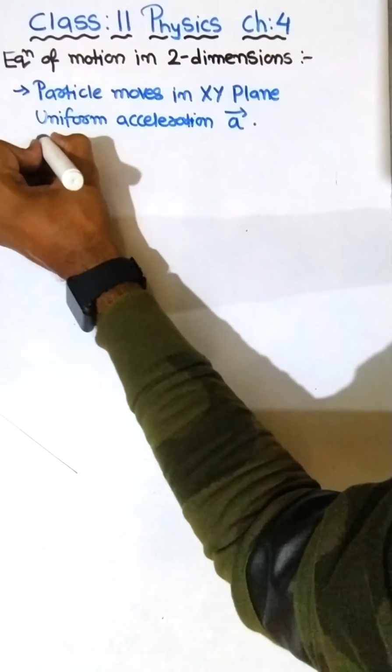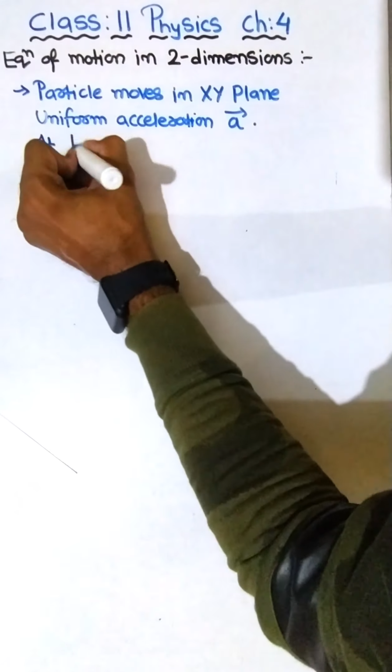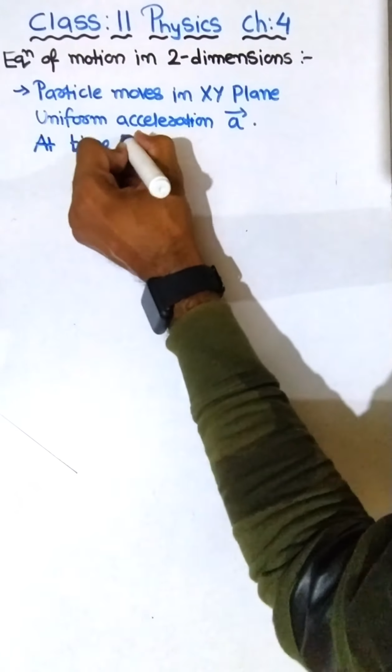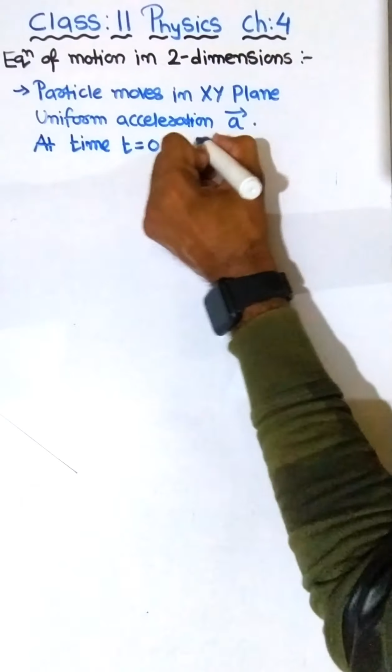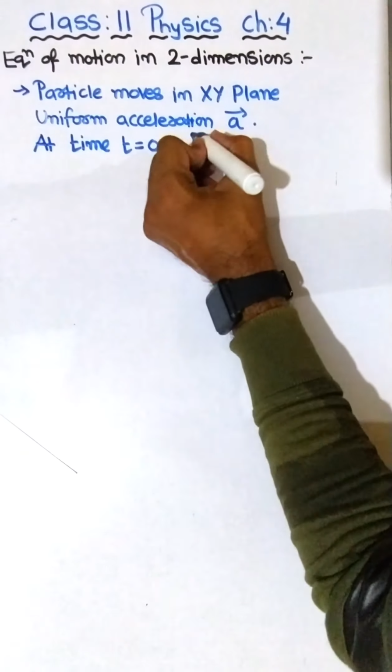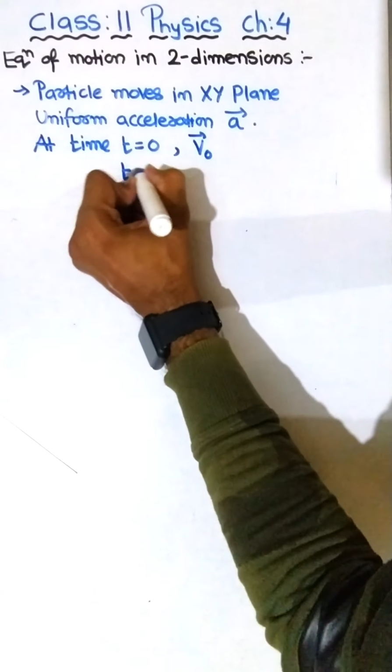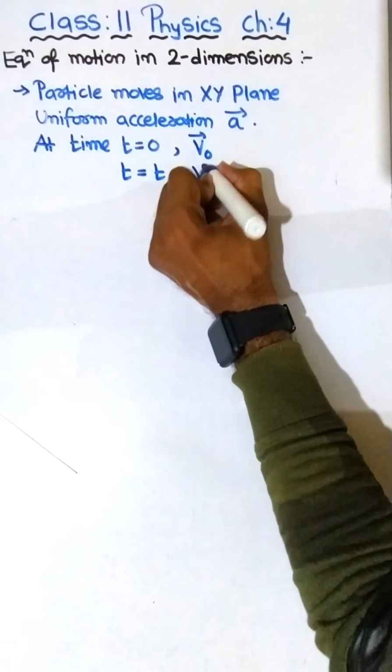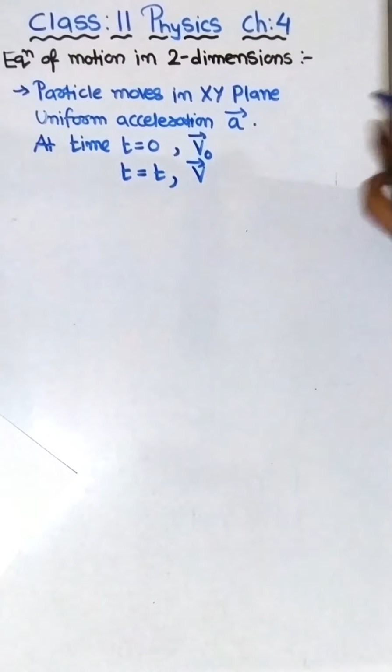Now velocity at time t. So we'll write at time t equals 0, velocity will be v0, and at time t equals t, velocity will be v vector. So initial velocity and final velocity we have got. Now as it is moving with uniform acceleration, in any time interval its average acceleration and instantaneous acceleration will be the same.